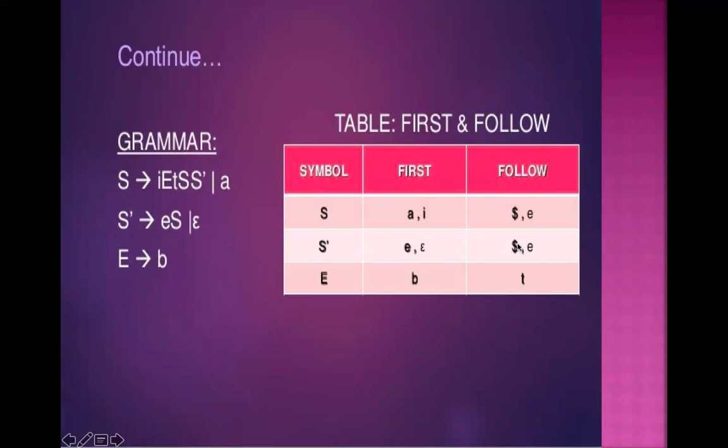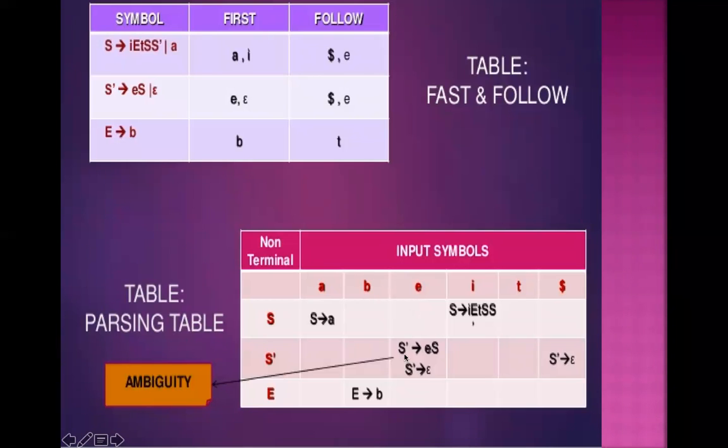Here in epsilon, we need to place both rules, under dollar and E. Under E, we place S tends to E dash. Under dollar and E we also need to put S dash tends to epsilon. Two productions under the same column means it is not an LL1 parser.